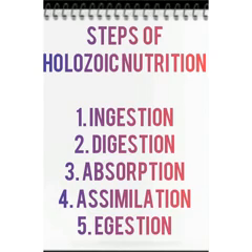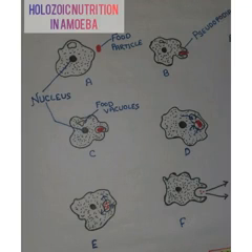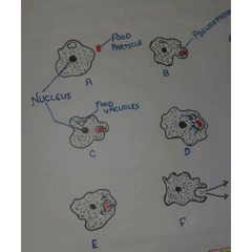Now you have to focus on a diagram, that is holozoic nutrition in the amoeba. As you know, the amoeba is a unicellular organism, and it can change its shape and form pseudopodia, that is temporary finger-like projections.